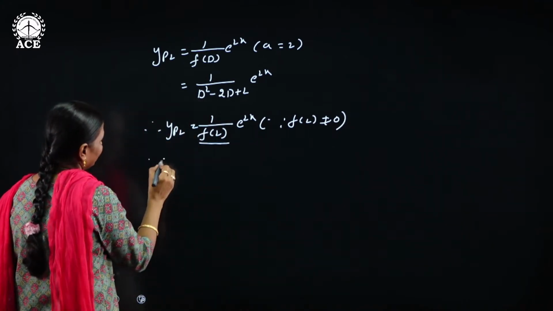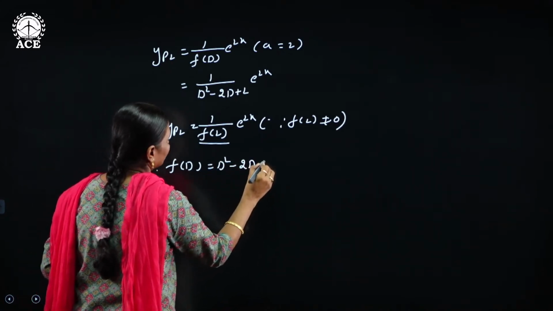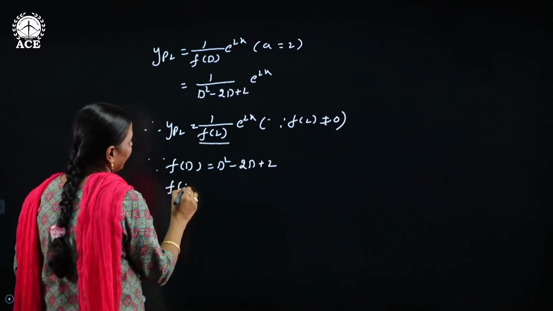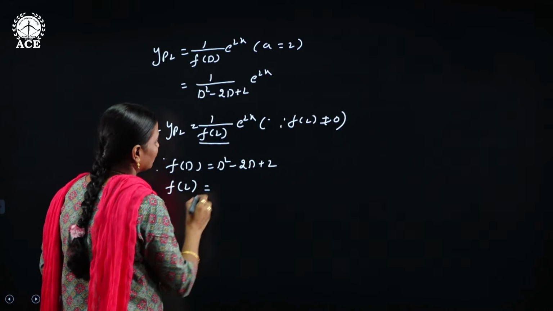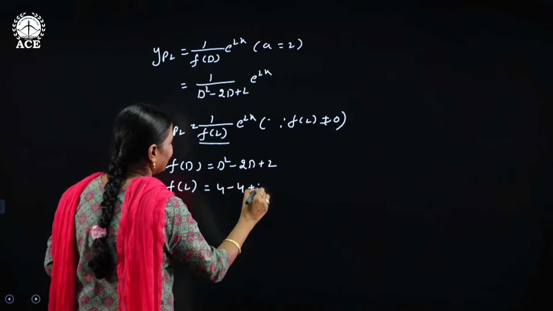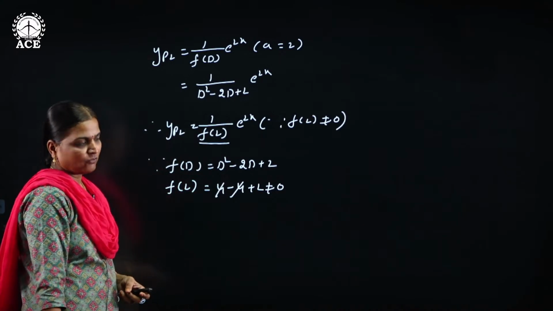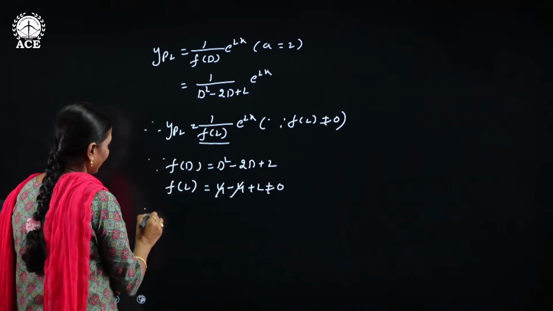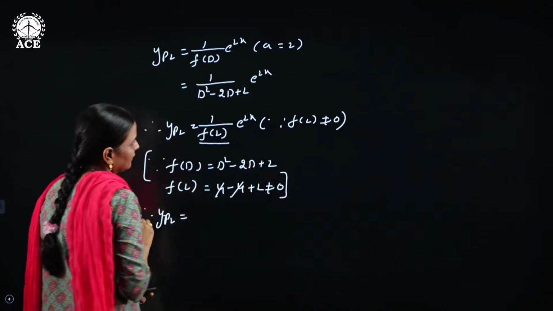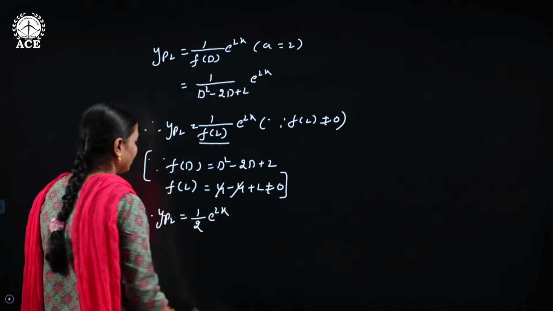Since f of D is D square minus 2D plus 2, f of 2 is 2 square, 4, minus 2 into 2, 4, plus 2. So minus 4 plus 4 get cancelled. We get only 2, that is not equal to 0. So yp2 is equal to 1 by 2 into e power 2x.